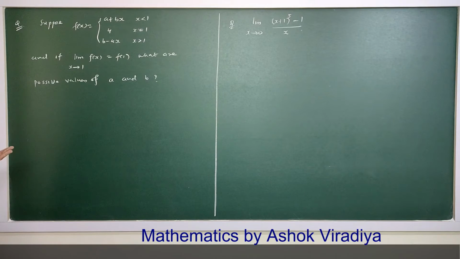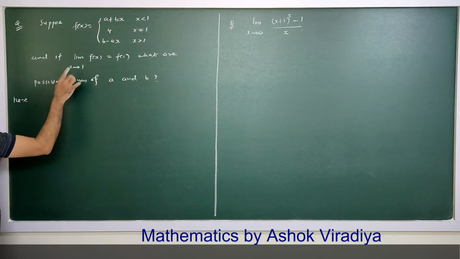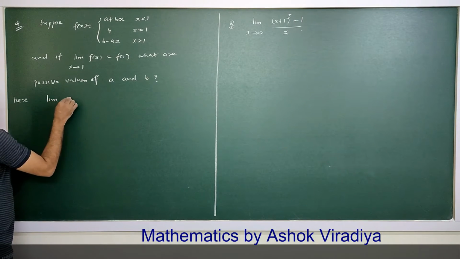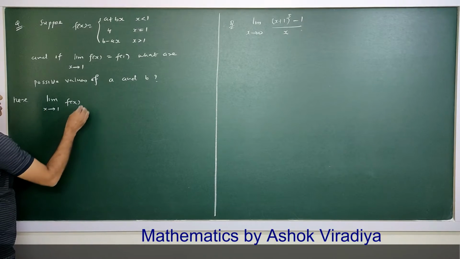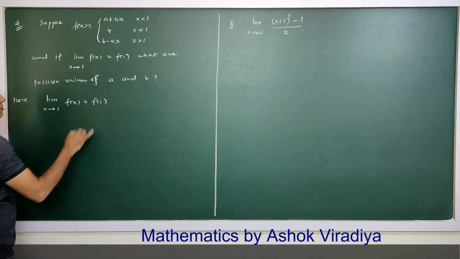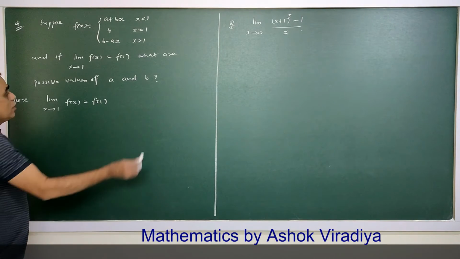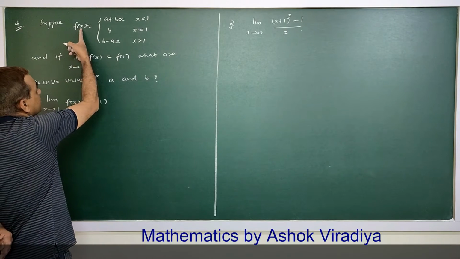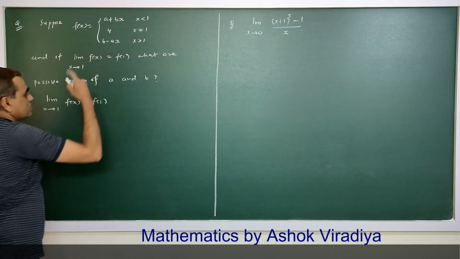What are possible values of a and b? Say here we are given limit of f(x) as x tends to 1 is equal to f of 1, and what is f of 1? f of 1 is 4.